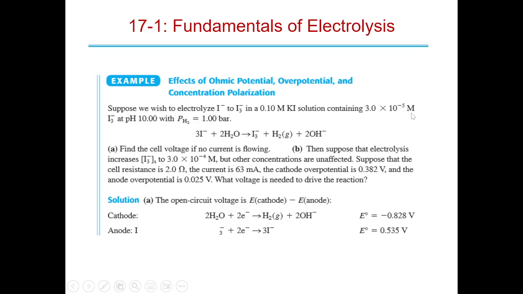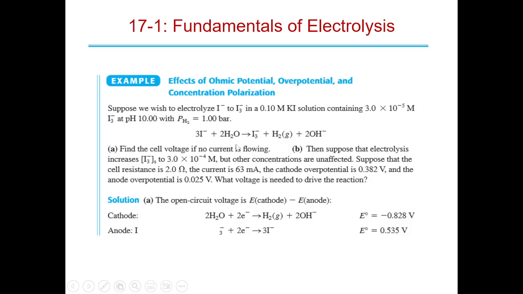Notice that'd be a factor of 10 increase. But other concentrations are unaffected. Suppose that the cell resistance is 2 ohm, the current is 63 milliamps, and the cathode overpotential is 0.382 volts. The anode overpotential is 0.027 volts. What is the voltage needed to drive the reaction?